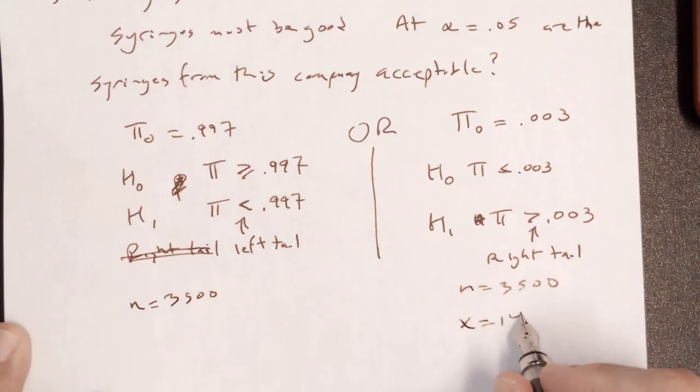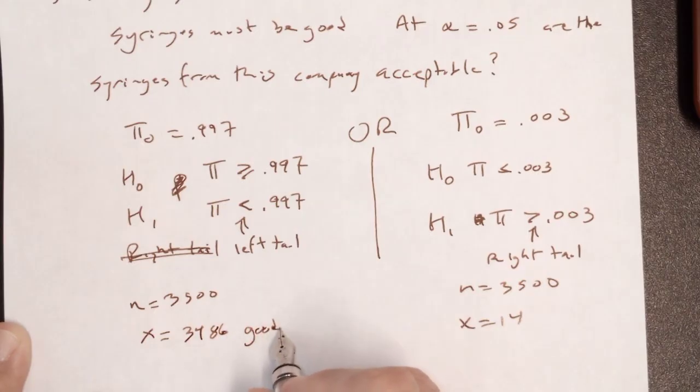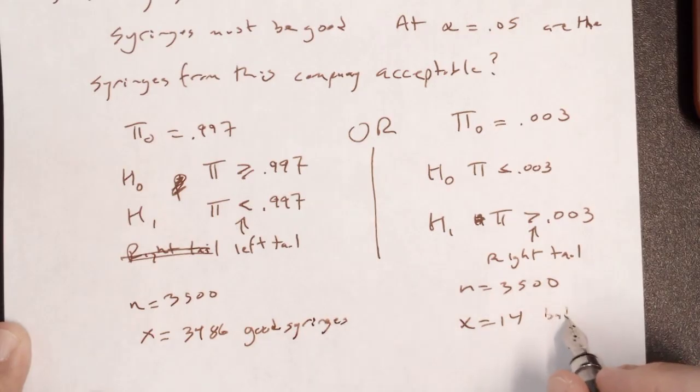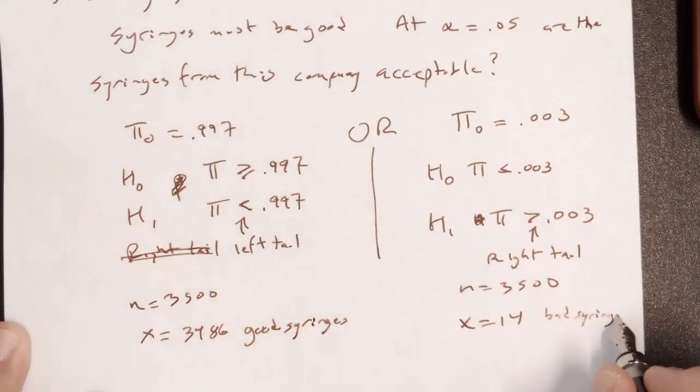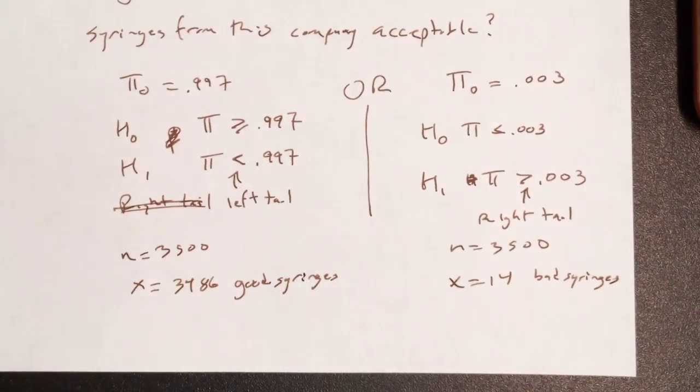Here, X is 14. Here, X is 3486. These are good syringes. And these are bad. Make sense? Okay.